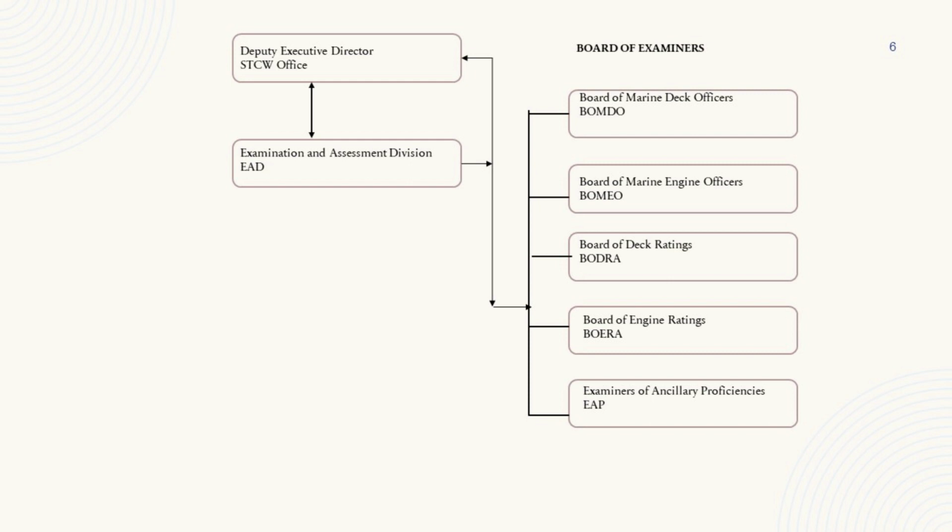Okay, now showing this simple diagram as earlier shown to you, the EAD is directly reporting to the Deputy Executive Director of the STCW office. Under the Examination and Assessment Division, in parallel lines, is the Board of Examiners. These are composed of masters, chief engineers, operations level, both deck and engines.